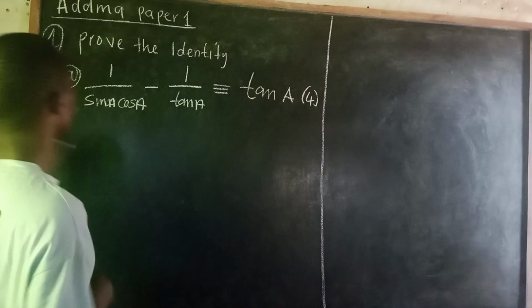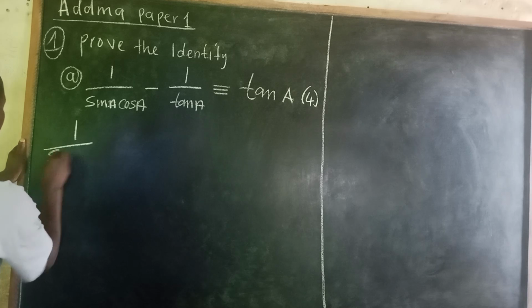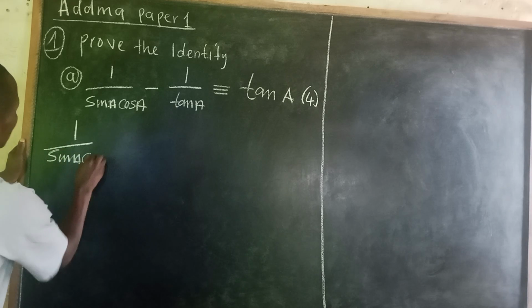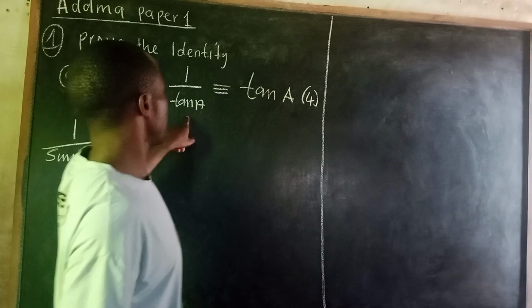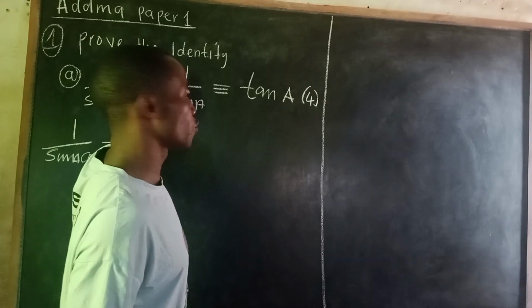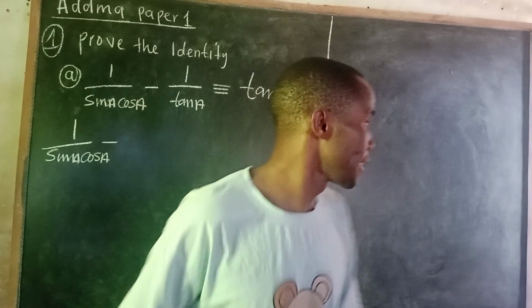First of all, we are going to write 1 over sine A cos A minus, but for this one, since this is tan, we are going to change this tan using the quotient identity.